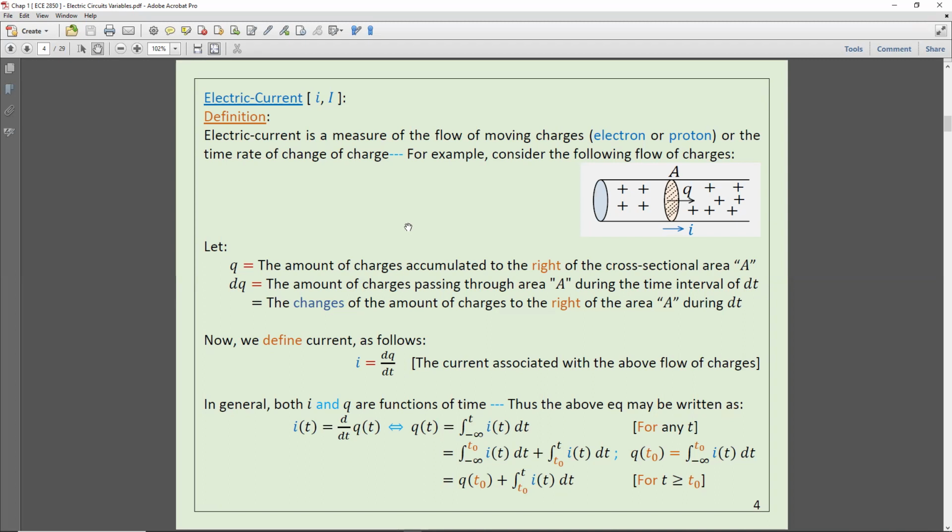It's exactly the same thing. If you have high current, that means too many charges moved in a small time. Remember, if there are no moving charges, there is no current. Very simple. Current is actually the moving of charge.